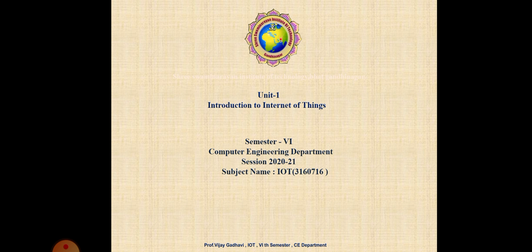This subject covers the fundamentals of IoT with its architectures, protocols, and applications. It also covers the overview and programming of two widely used IoT platforms: Arduino and Raspberry Pi.